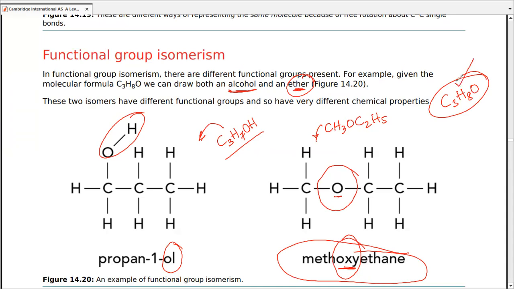Now, writing the formula this way actually means cumulatively writing all types that come out of functional group isomerism, because this is the way we write ethers in order to specify this oxygen. This is the way we specifically write alcohols in order to specify the OH part, but this is the way we can write them cumulatively.